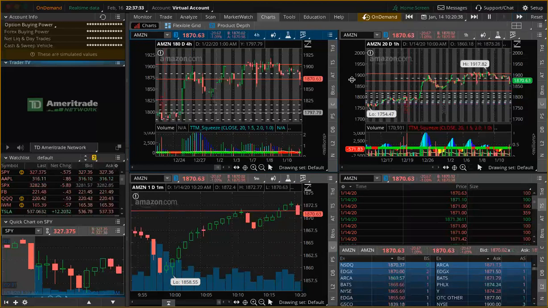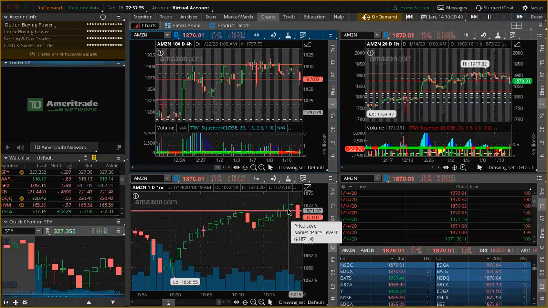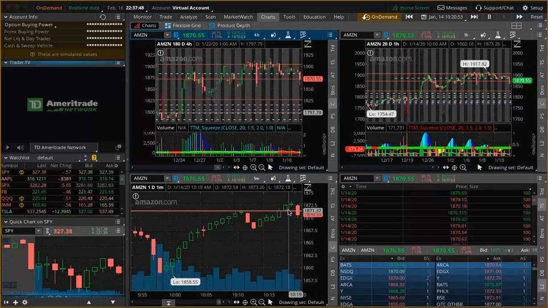So here, this is where it actually rejected and it fell through. We're going to see if it closes below this level. Always want to wait for a close below a level.